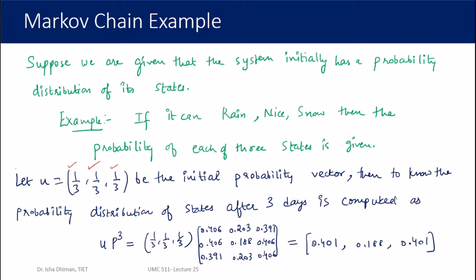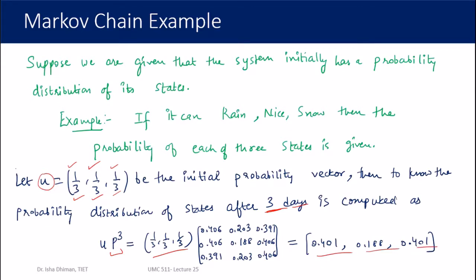Then what is the probability distribution? How will these values change to some other values after 3 days? So we are actually finding a change in the probability distribution. We need to multiply this with P cube, because they are asking after 3 days, right? So just multiply this u vector with P cube and you will get this.